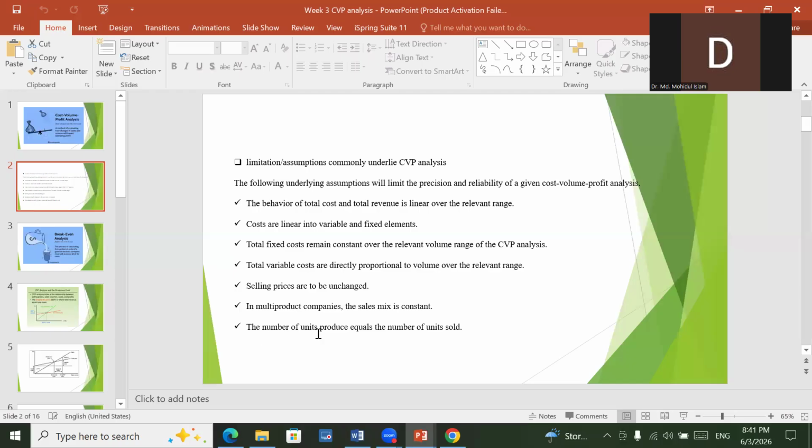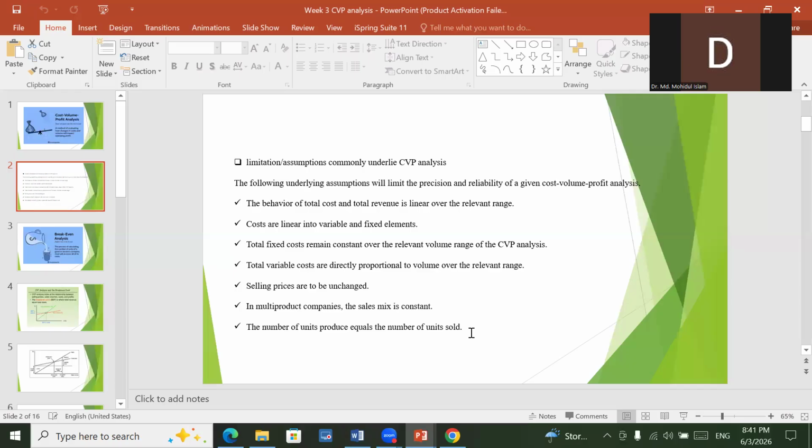The number of units produced equals the number of units sold. It is also another assumption for CVP analysis. Here it indicates that all the produced products are sold. There is no chance to remain on hand.